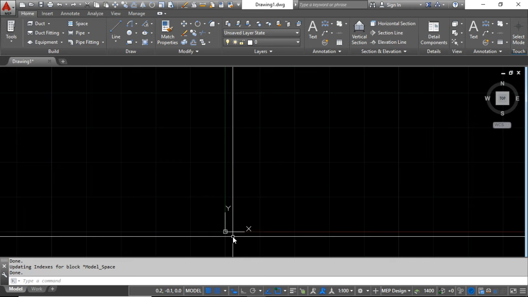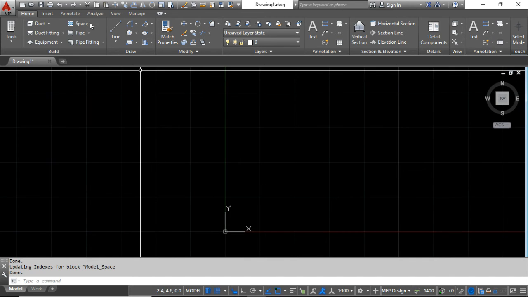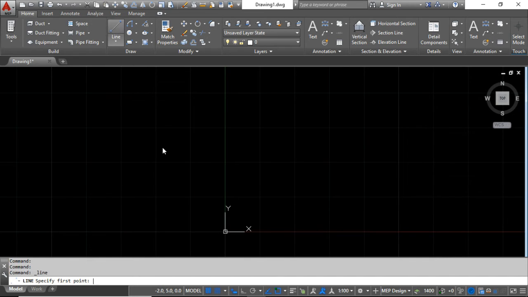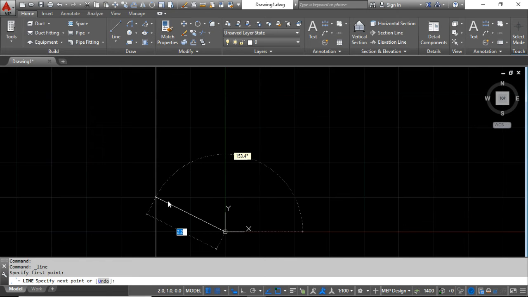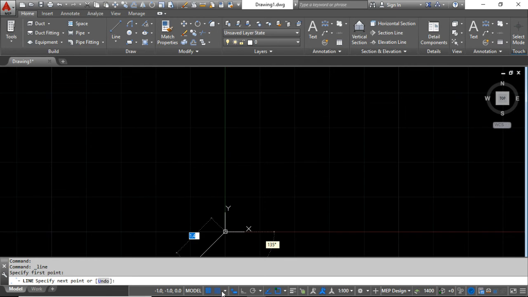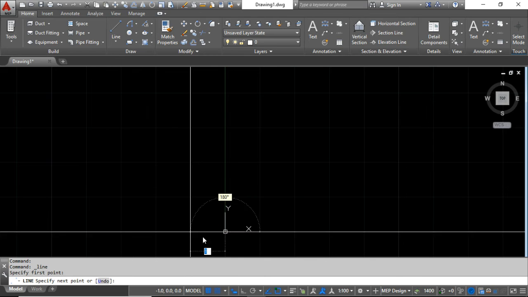First line. So we go to the line command, you click on the line, it will ask us for the origin, or if we have snap to grid on, which I have on right now, I'm going to start at the origin here, which is right by this XY. I'm going to click right there, and since I'm not drawing squares or rectangles, I'm going to turn my snap to grid off.